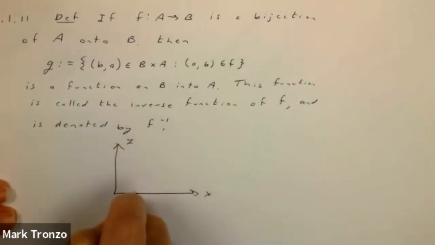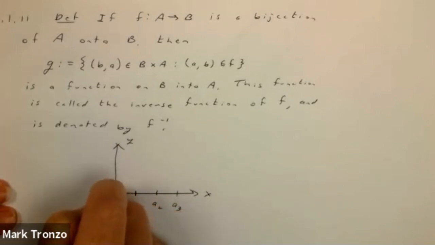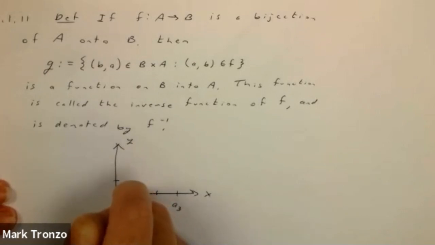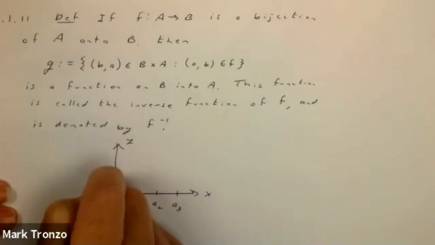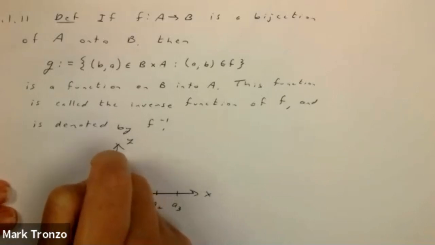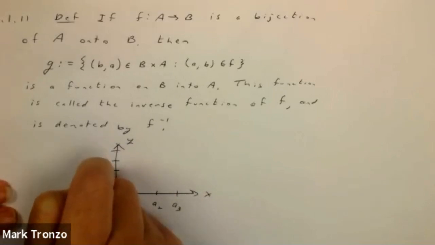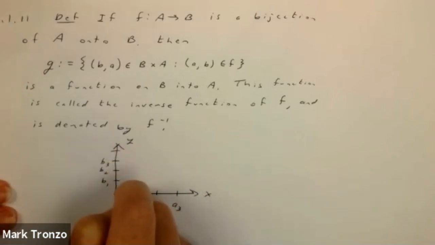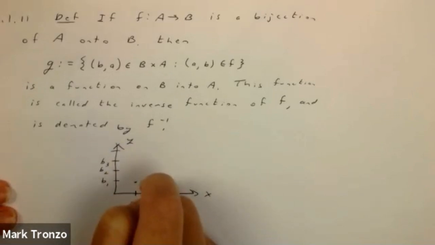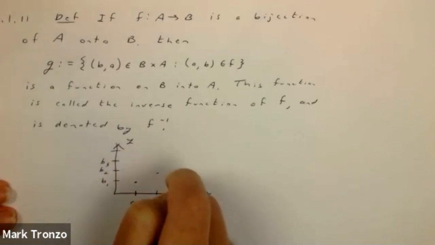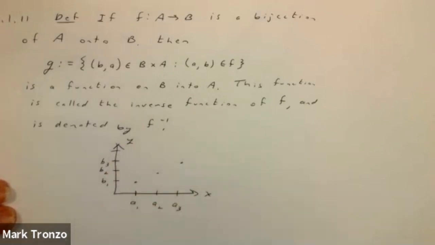And so it's really saying, if you have, let's say, call this A1, A2, A3, and let's say it's mapping to something over here, say B1, B2, B3, however this happens to be.